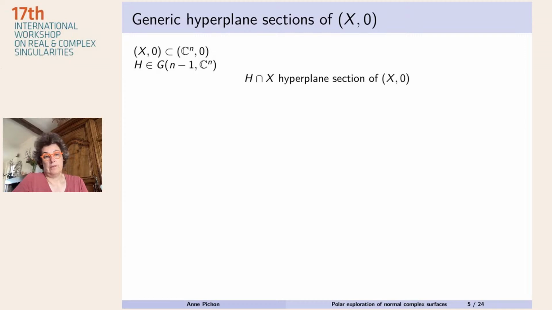So imagine your surface is embedded in Cn, and now in Cn, take an n-1 plane, so a hyperplane H in Cn, and consider the intersection between H and X. So what you get for H generic is a curve on X, which is called the hyperplane section of X. Okay, so you get a germ of curves.